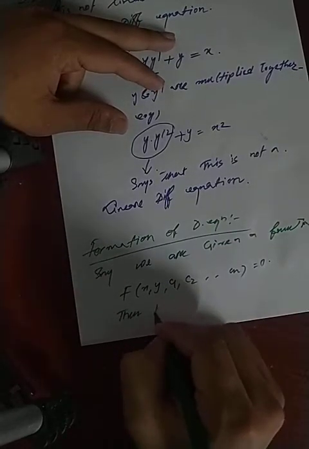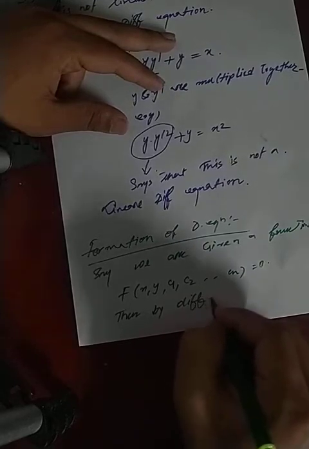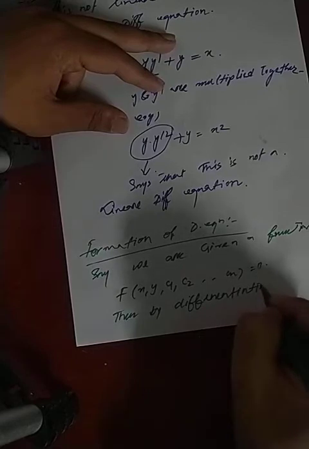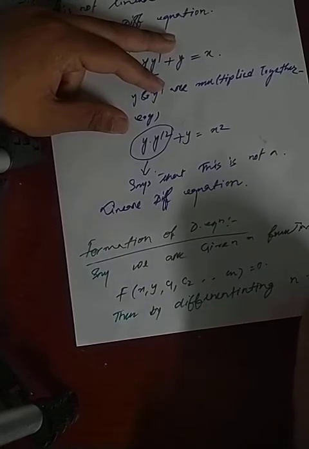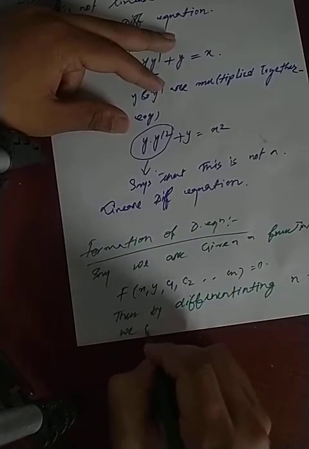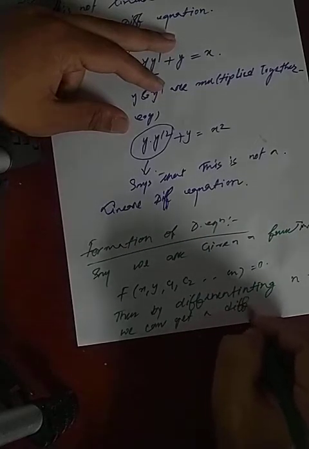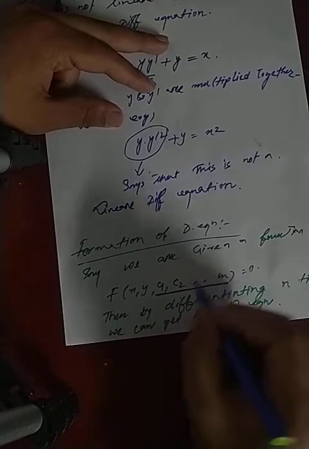Then by differentiating n times we can get a differential equation. Because n constants are there, and to remove the n constants we have to differentiate this n times.